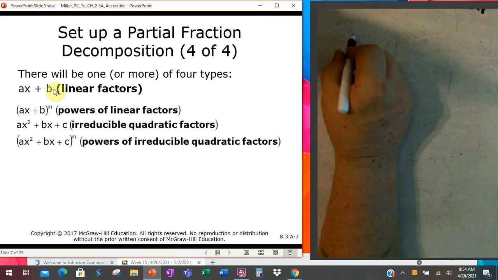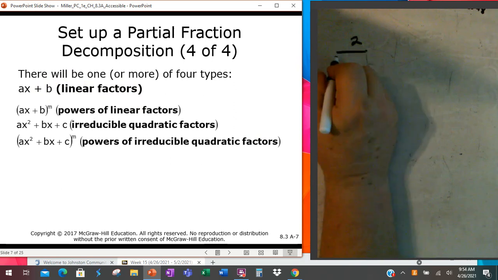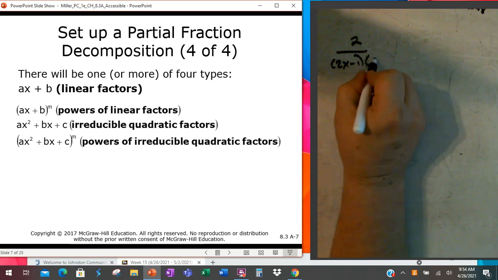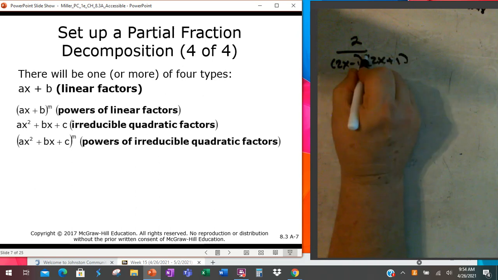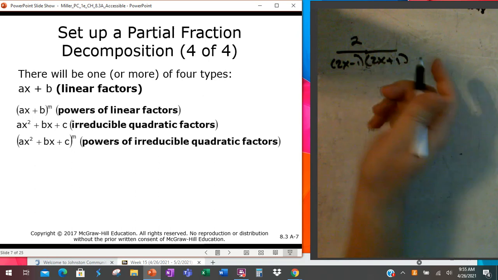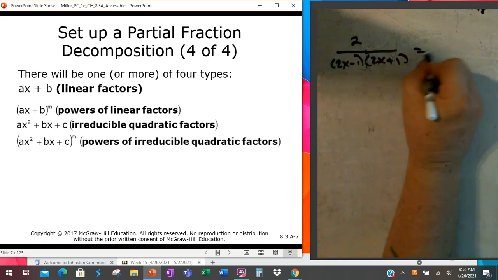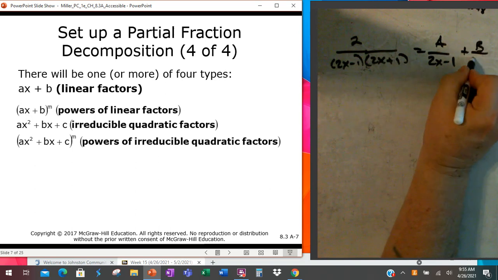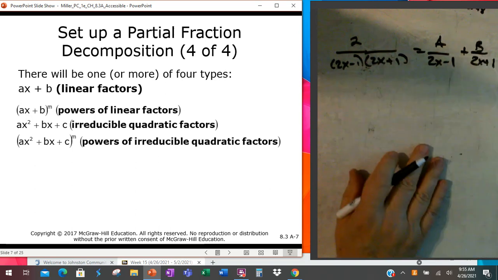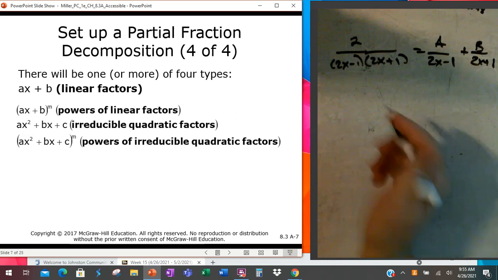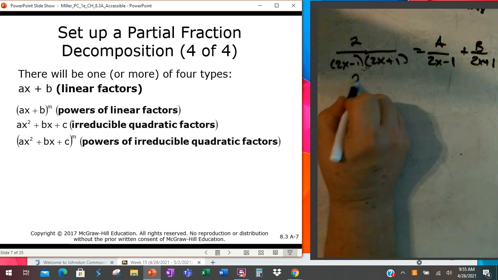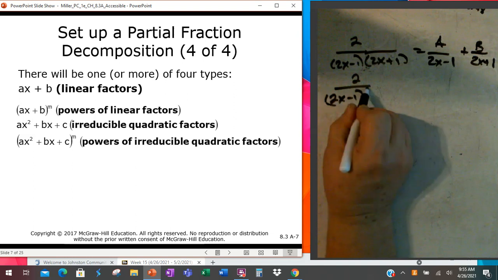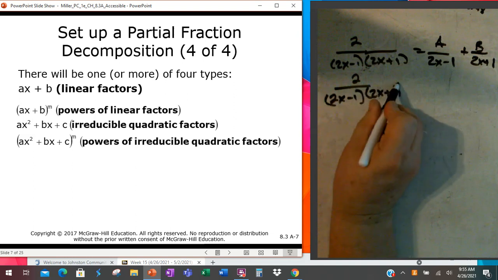So here would be like 2 over 2x minus 1, 2x plus 1, okay? So linear factors, they're distinct. And I would decompose this like this, okay? I could also have something like 2x minus 1, and let's go 2x plus 1 squared.